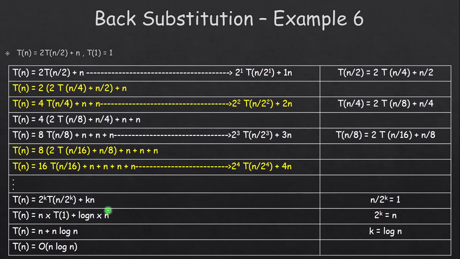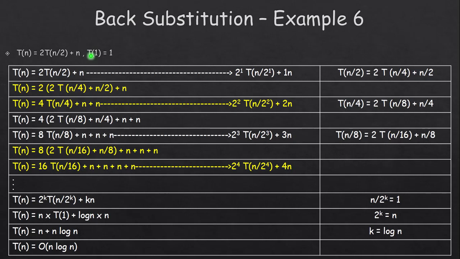So one more example, it is T of n equal to 2T(n/2) plus n. And similar to the earlier examples, I found some subterms and substituted back. So I will get some patterns. From that pattern I am generalizing in terms of k. T of n equal to 2 raised to k, T(n/2^k) plus kn.